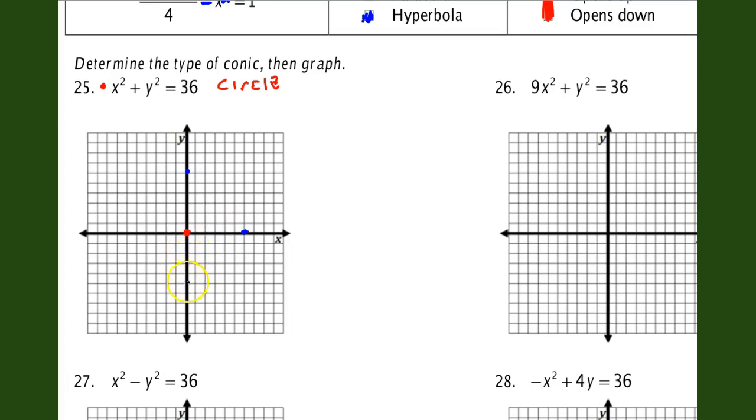And just do our best to keep about the same distance away the whole time. There we go. And there we go.